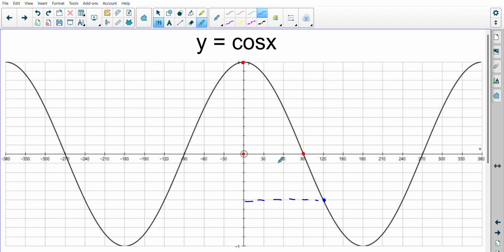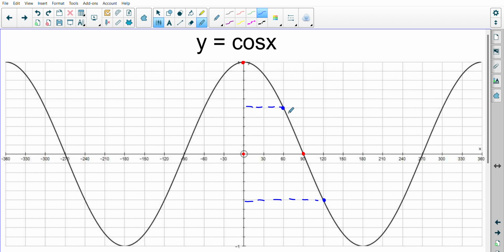And if I'm looking at where I am, 60 degrees is going to come out with the same value as 120 degrees. Okay, the same value but positive and negative again.